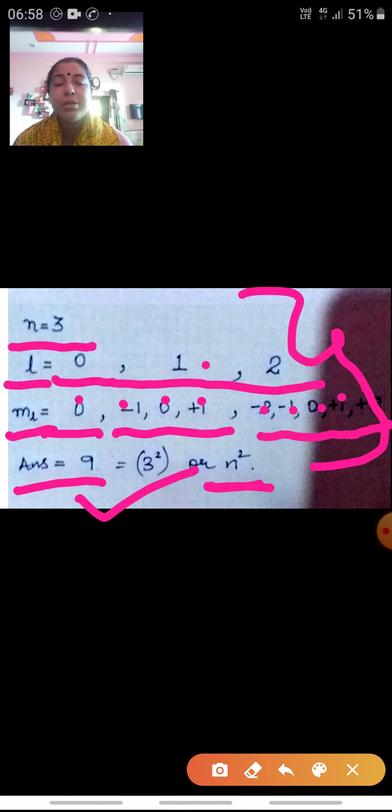The value of n given to you is 3. Just square it, you will get the number of orbitals. So square of 3 will be 9. So 9 is the correct answer. You can find it out anyways, but it will be better if you always write down all this, so that we also get to know that you have the knowledge.